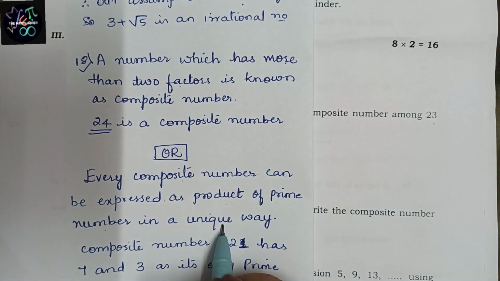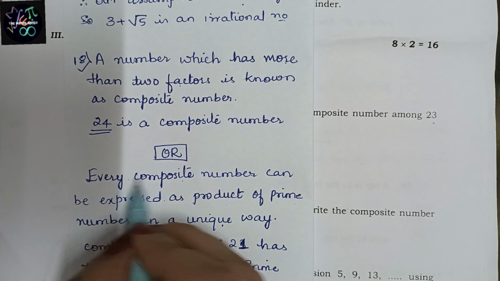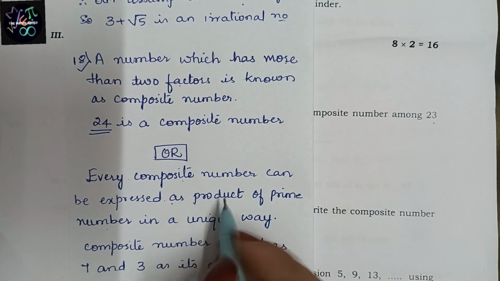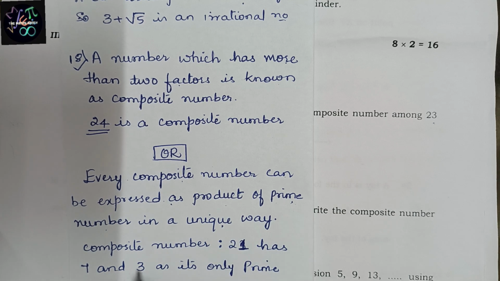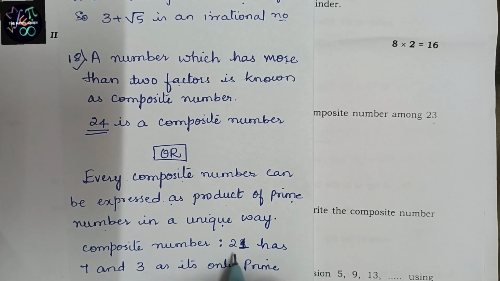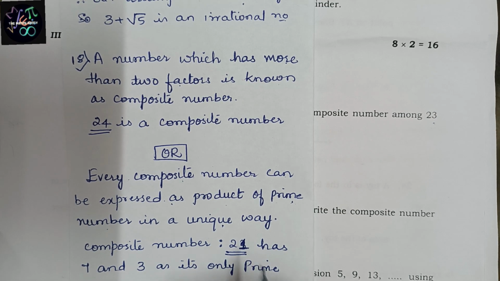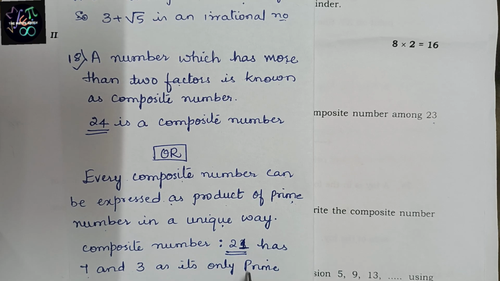That is what the fundamental theorem of arithmetic says. The composite number which has only 7 and 3 as its prime factors is 21, because 7 threes are 21.